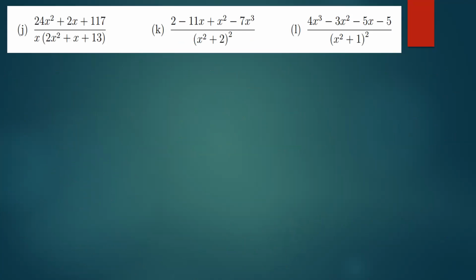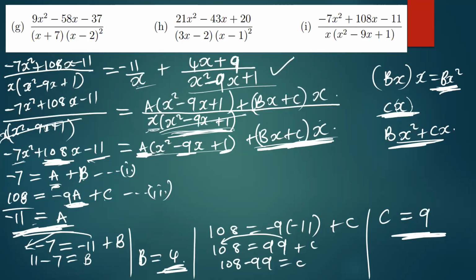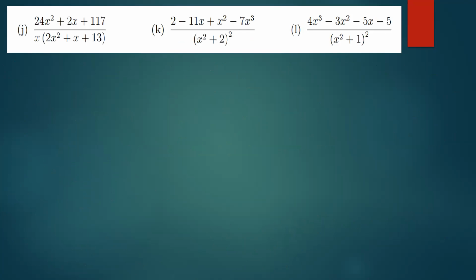All right, so let's quickly move on to the next question. I believe I've shown you how to solve a partial fraction which has a quadratic equation that cannot be factorized. When you look at the previous question that we solved, this one and this one are just the same.